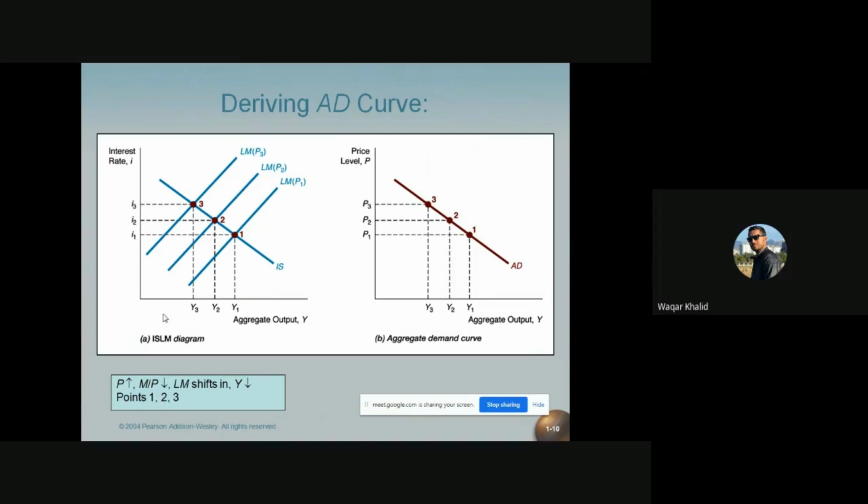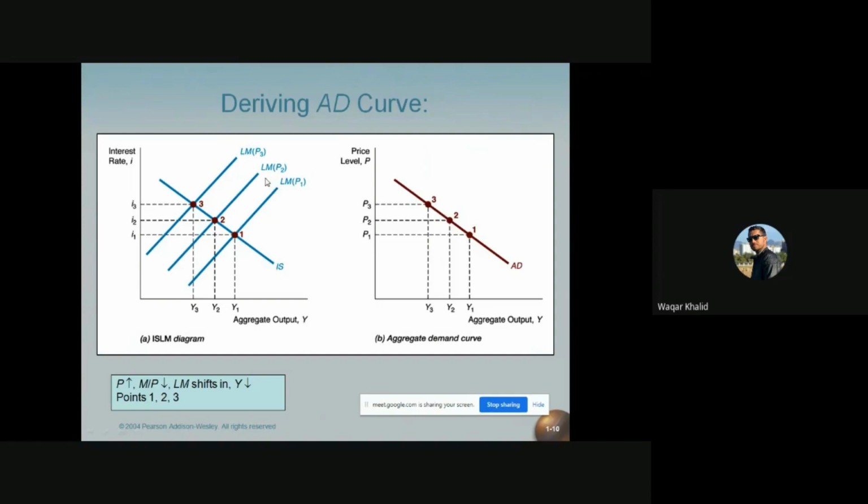Look at the ISLM diagram in panel A. The ISLM diagram in panel A shows that with a given nominal money supply, the price level rises, suppose from P1 to P2 and then from P2 to P3. This is the IS curve and this is the LM curve when the price was P1.